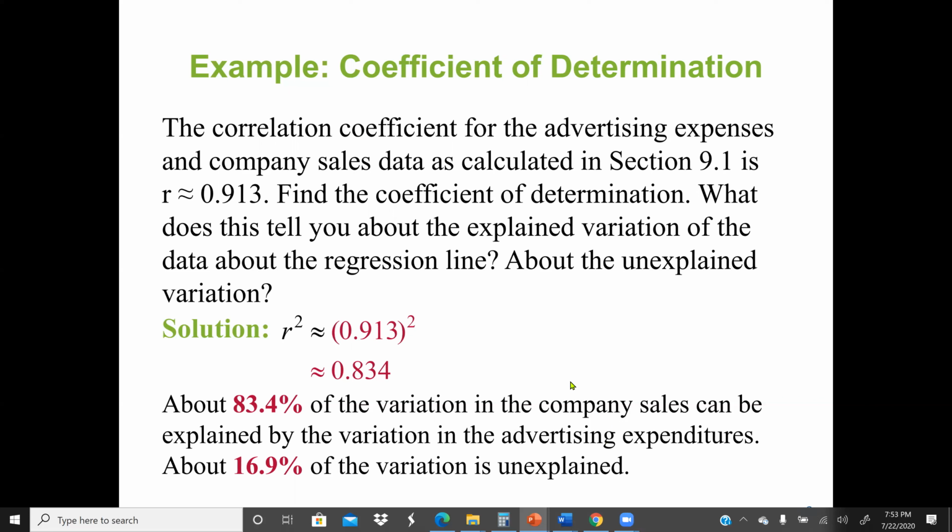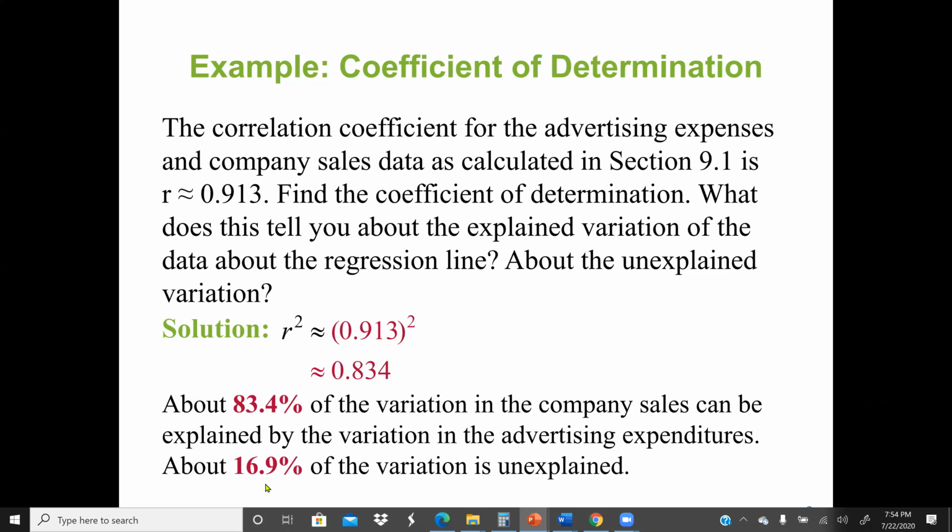So we can say that 83.4% of the variation in the company sales can be explained by variation in advertising expenditure, which means the remaining, roughly 16.6% of the variation, is unexplained.